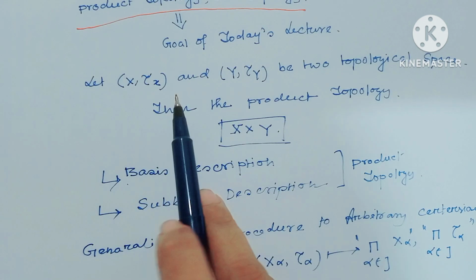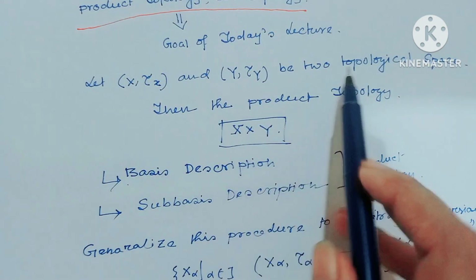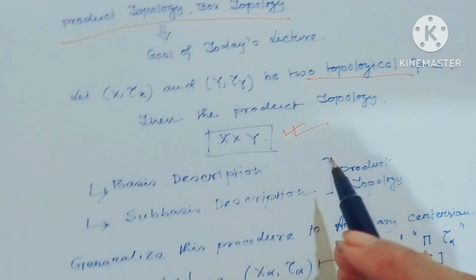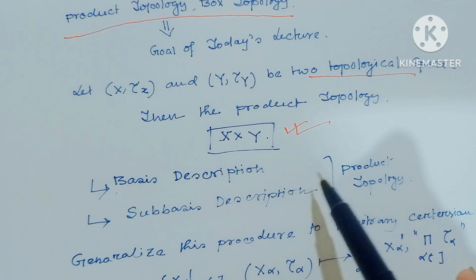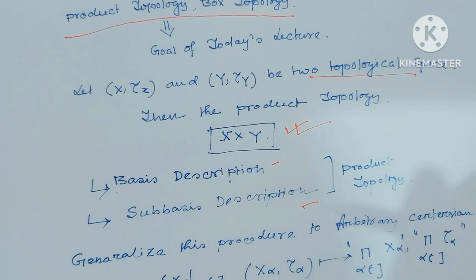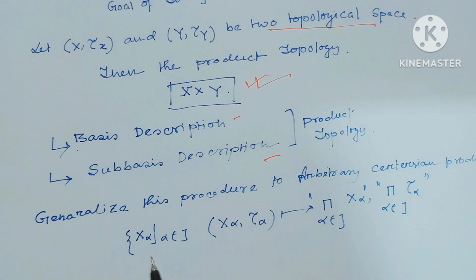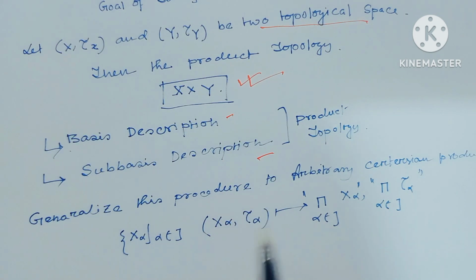And if X, tau X and Y, tau Y be two topological space, then the product topology is X cross Y. And in my previous video I had seen the basis description and sub-basis description of product topology. Today's goal of this lecture, today I will see generalize of this procedure. That means I will see arbitrary Cartesian product.